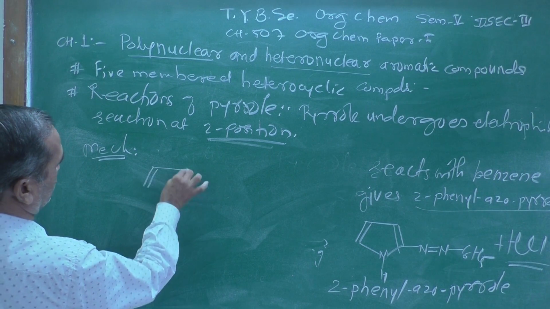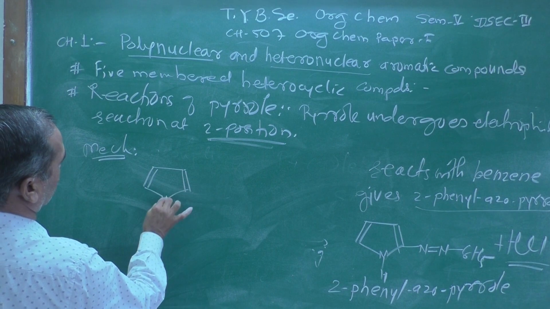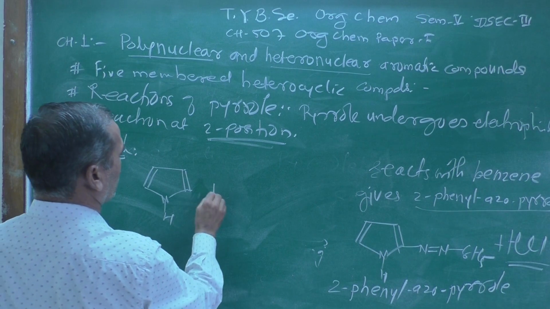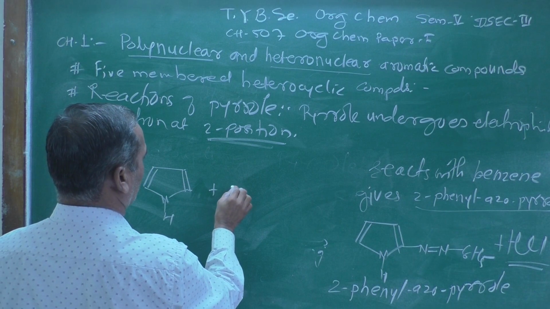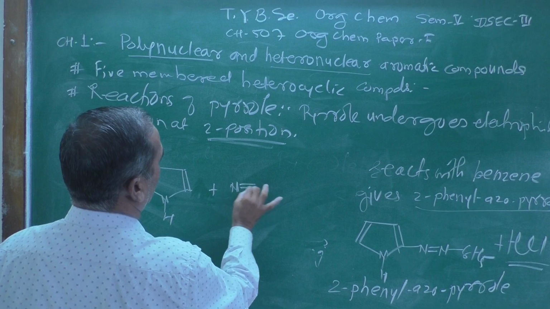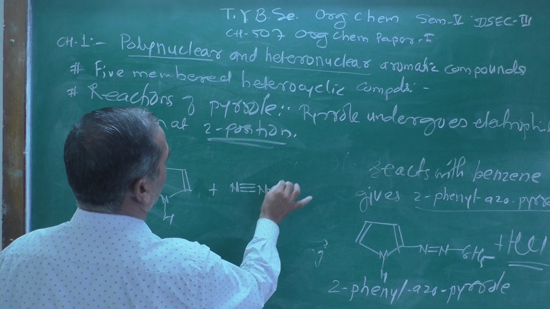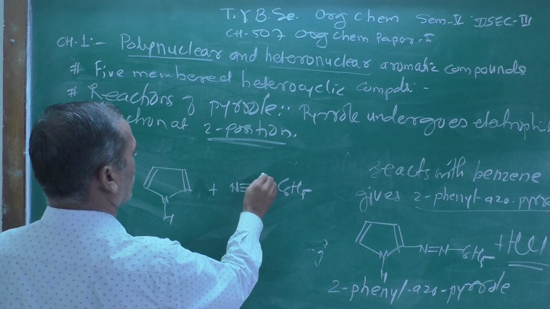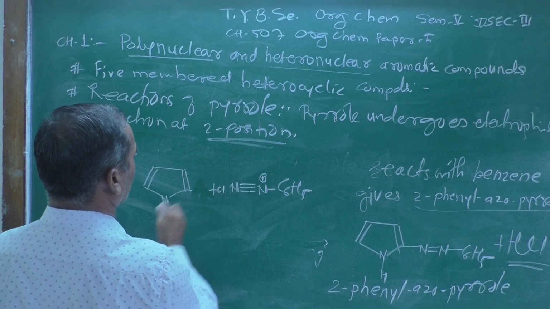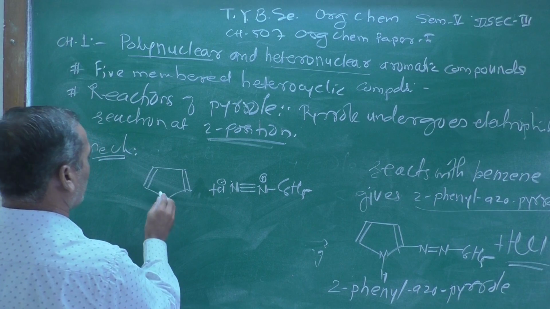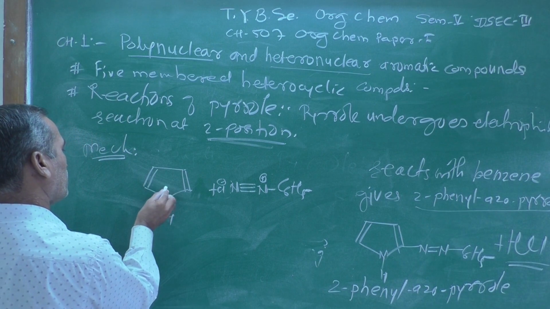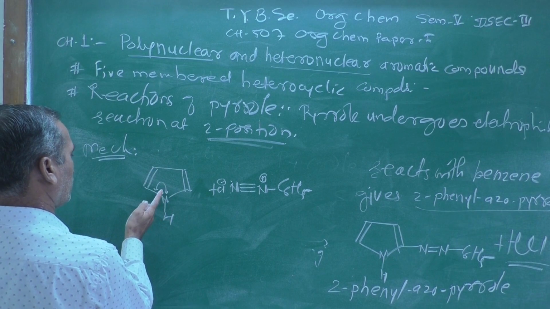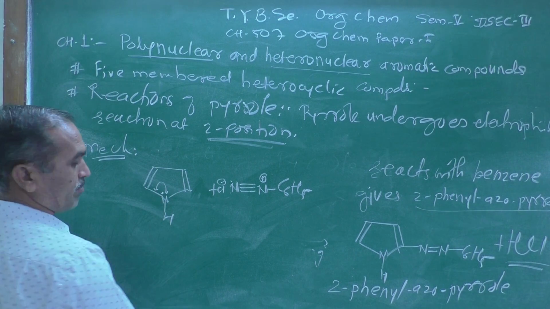Here is pyrrole, as we know, NH. Don't show the hydrogen atom here. Here is N triple bond N, then C6H5, right? Here is a positive charge over there, and here is Cl minus already there. Now what is going to happen? This lone pair moves like this, forming a double bond here.